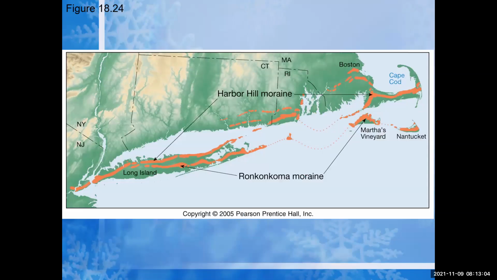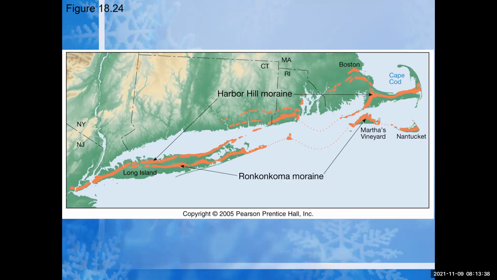Several of the islands that we see off of the East Coast, in areas like Cape Cod or Long Island, are built around moraines. Those glaciers extended down through this area and deposited such massive amounts of sediment, enough that those sediments are now above sea level and further sediments can accumulate around them.